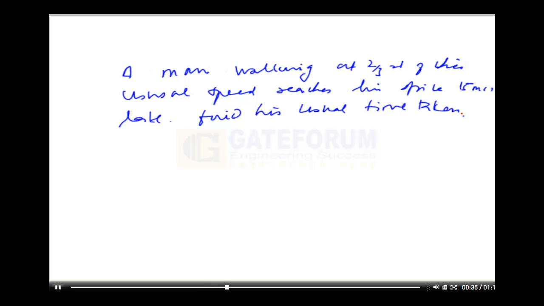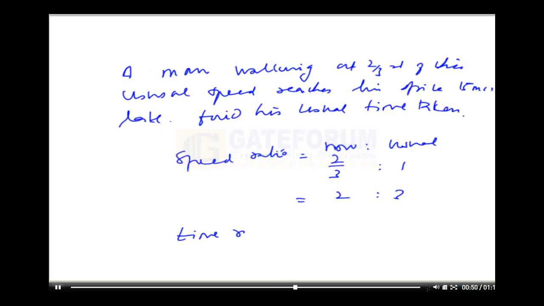If we look into the speed ratio, now versus usual, now is traveling at 2/3, usual full speed is 1, so the ratio is 2:3. Then you can find the time ratio, which is the inverse, now versus usual.